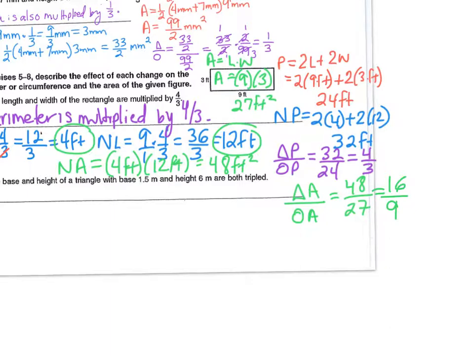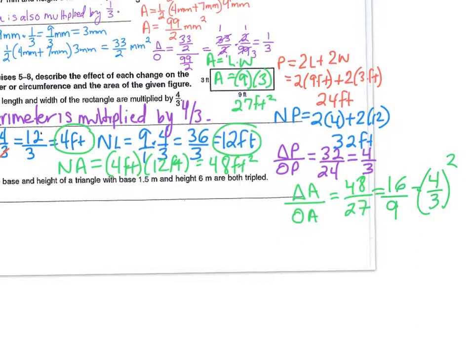I was close, but I just stopped. All right. So you were thinking that it was going to be 4 over 3, right? But it's not 4 over 3. The 16 over 9 is the same thing as 4 over 3 quantity squared, because 4 squared is 16, 3 squared is 9. So that's what is going to be the conclusion here.